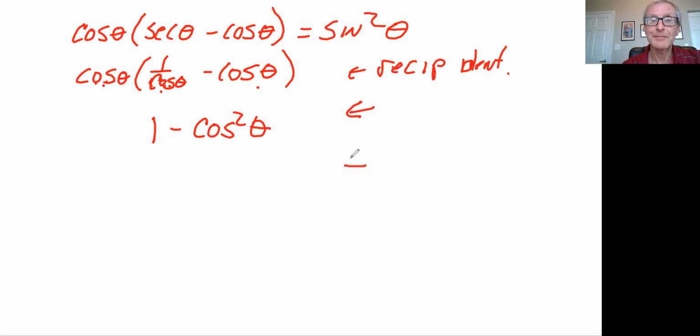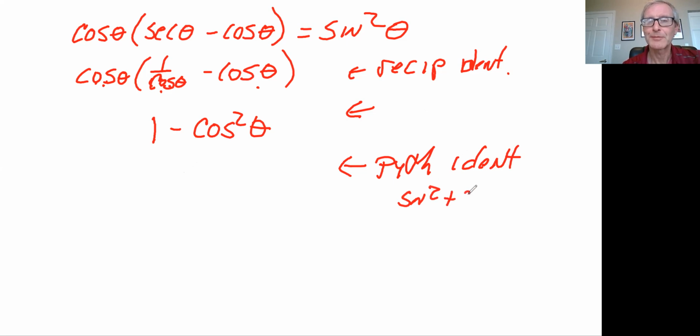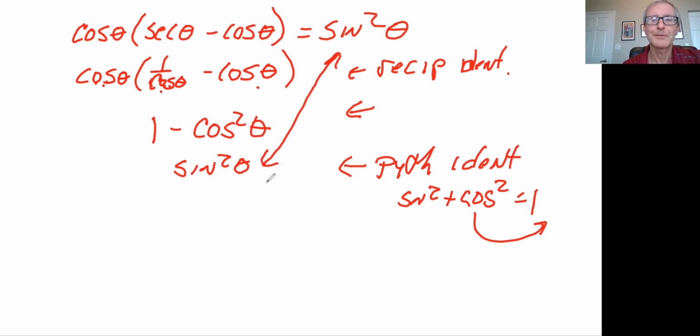The next step you do have to write. Again, that's the Pythagorean identities. 1 minus cosine squared, remember sine squared plus cosine squared equals 1. So when I bring this to the other side, this equals sine squared of theta. And you can see those are equal.